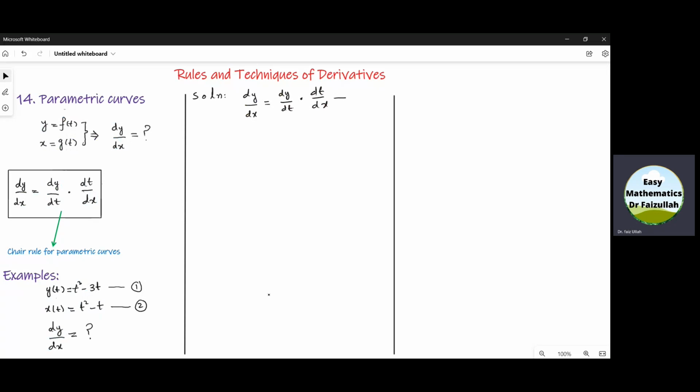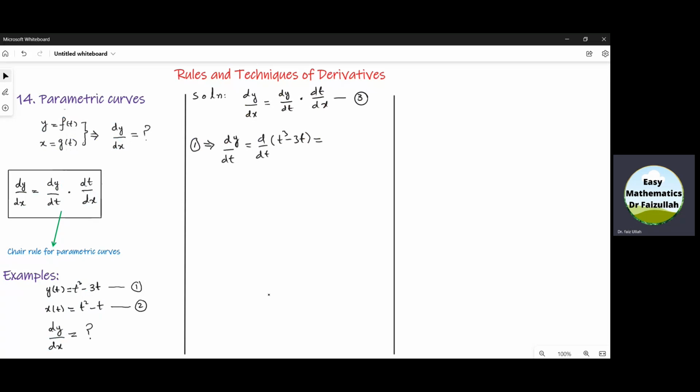Let us say this is my equation number 3. Now for this formula we need the value of dy by dt. So from 1 we can obtain by differentiating both sides with respect to t. This is equal to d over dt of (t cube minus 3t).